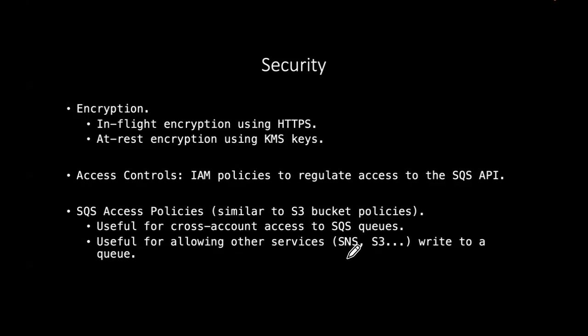I think we'll see an example where, when we upload a file to an S3 bucket, the S3 service will write a message to a queue. So the S3 service needs to have the necessary privilege to do that. We'll see that a little bit later on.